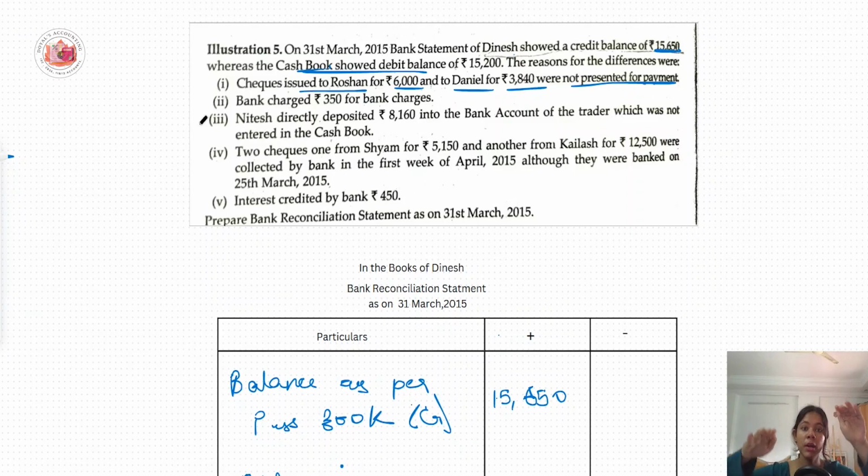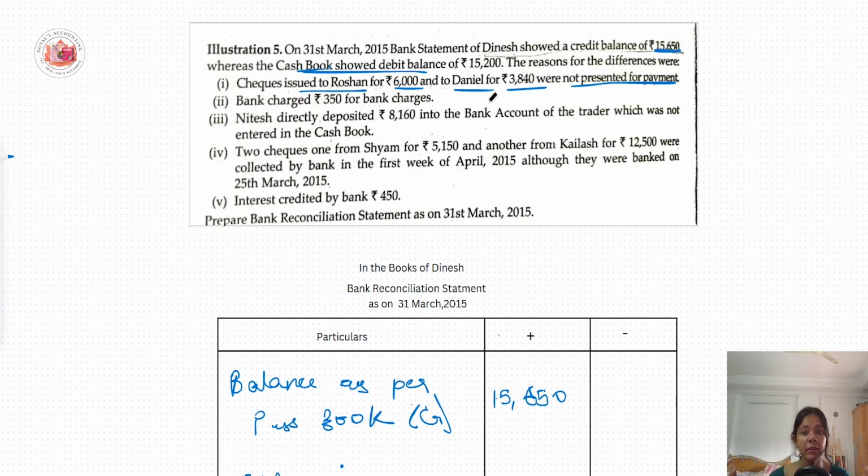So what can we do to adjust? We will reduce our passbook balance, so we will subtract this amount. See, now we are starting from our passbook and we have to come to our cash book. So whatever adjustments we make, we make in our passbook balance. These checks in our cash book have been deducted, but in the passbook the bank has not yet received these checks, so that amount has not been debited from the account.